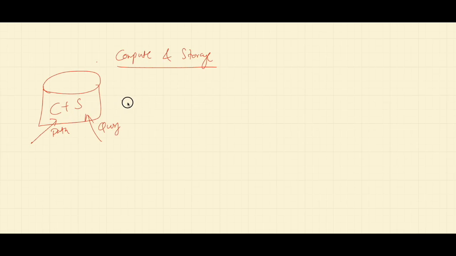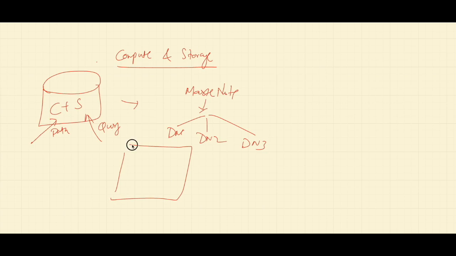Same was the case with Hadoop. If you remember the good old Hadoop days, we had the master node, and then we had the data nodes. Let's say we have three data nodes, dn1, dn2, and dn3. What does a data node consist of? If any Hadoop admins are here, they would remember these were nothing but servers or machines.